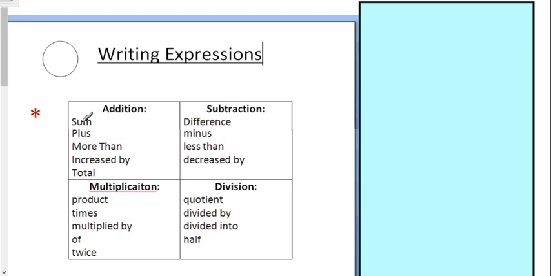So let's go through each one first. If I said the word sum, product, difference, or quotient, these four are by far the most important ones here. Okay? Let me go off to the side for a few minutes and explain this.